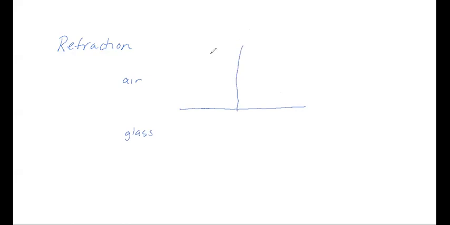And let's say we have a ray of light that strikes that boundary at some kind of angle, an incident ray at some angle theta, called theta incident, with respect to the normal. So we have an incoming light ray from air striking our boundary, at some incident angle with respect to the normal.